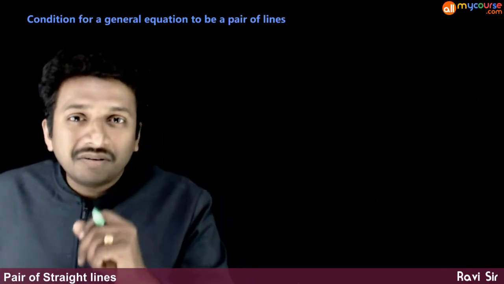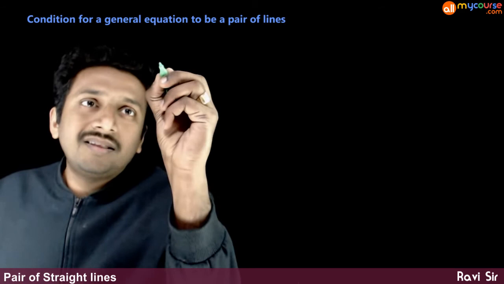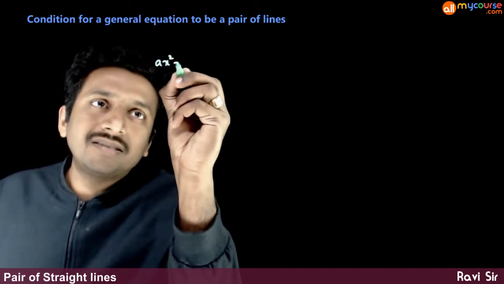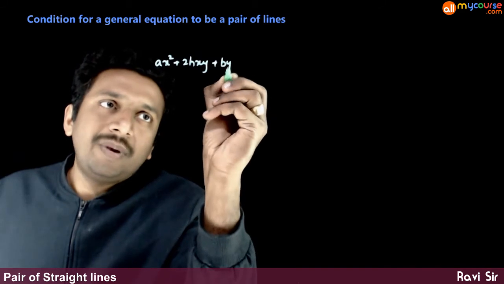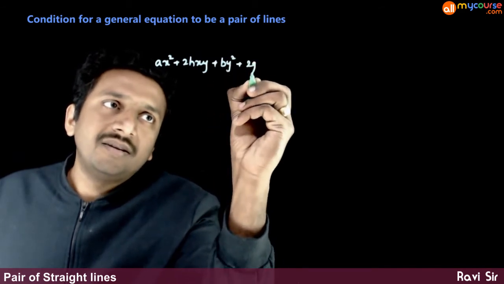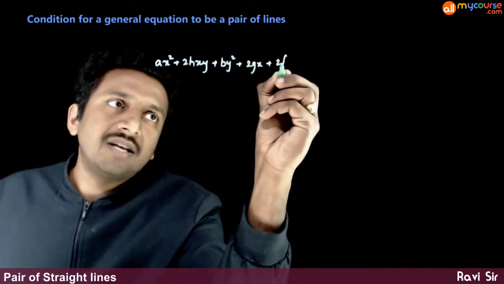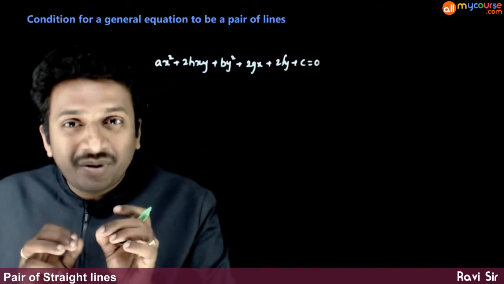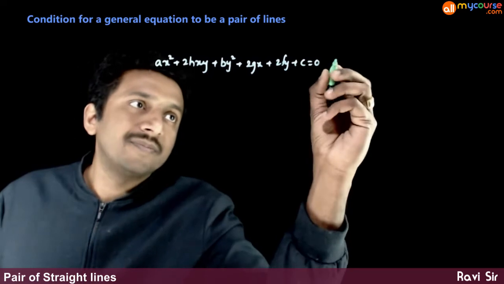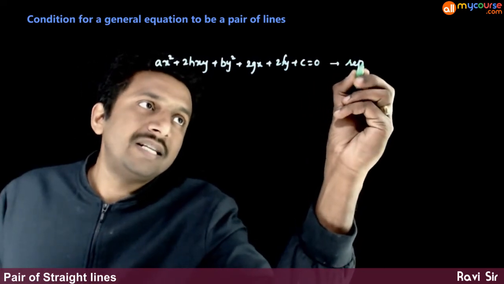In this video, let us look at the condition which ensures that an equation of the form ax square plus 2hxy plus by square plus 2gx plus 2fy plus c equal to 0 represents a pair of lines.